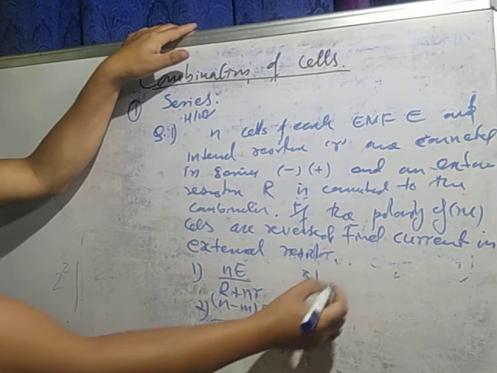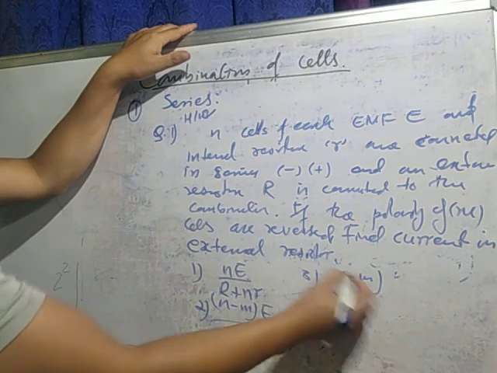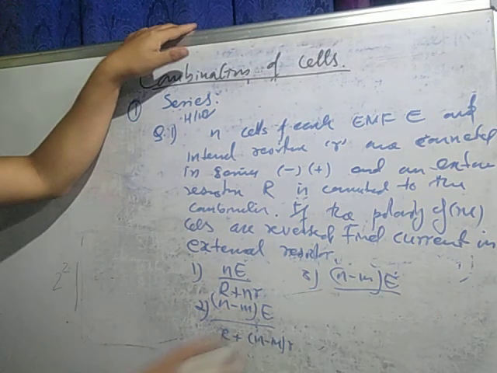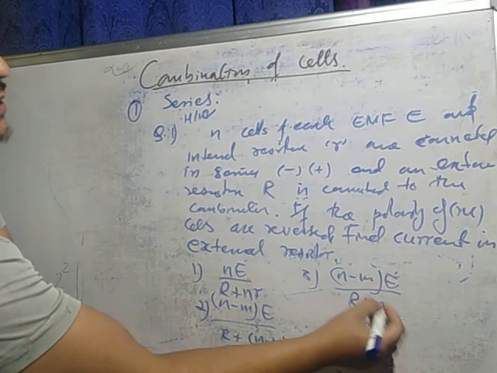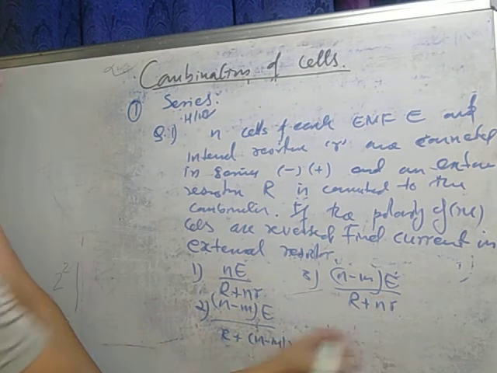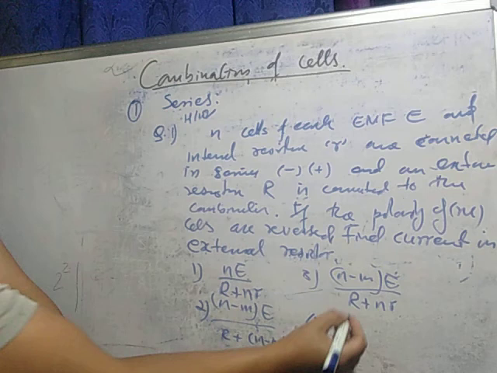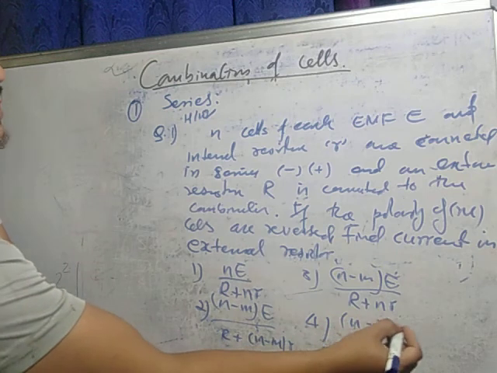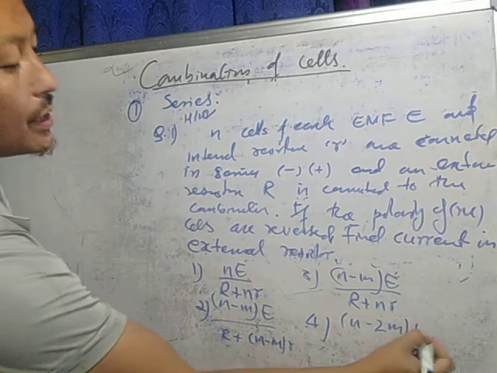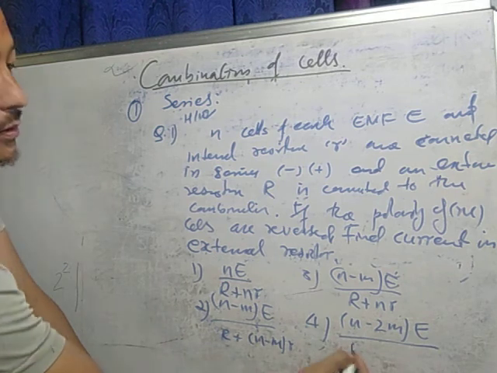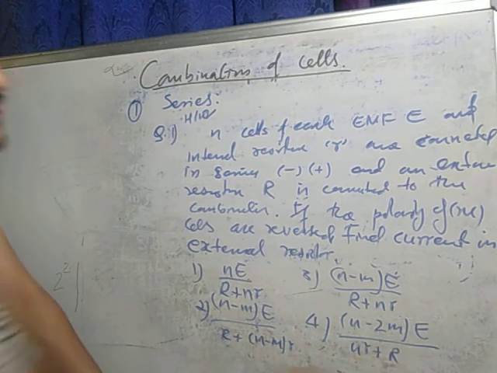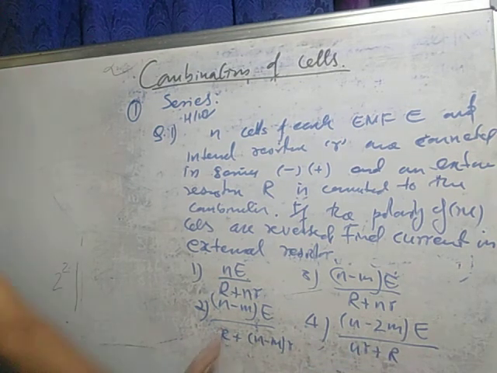Third, you have (n minus m) into E divided by R plus nr. Fourth one, (n minus 2m)E divided by nr plus R. So it is answer. Okay, clear.